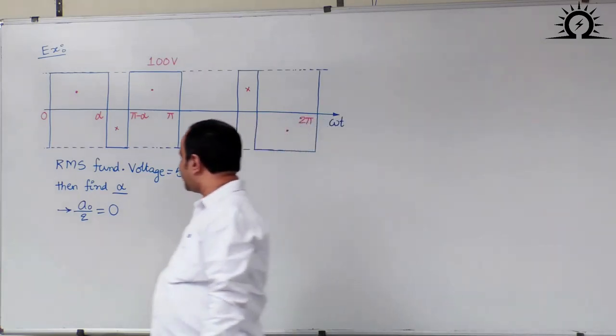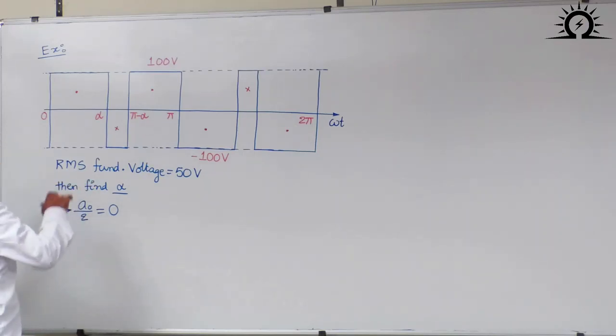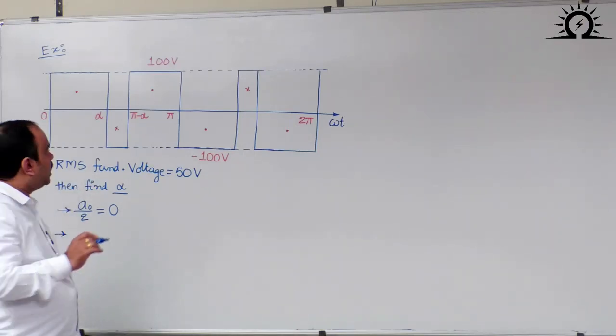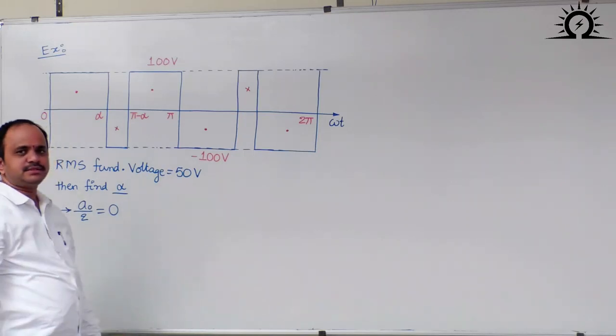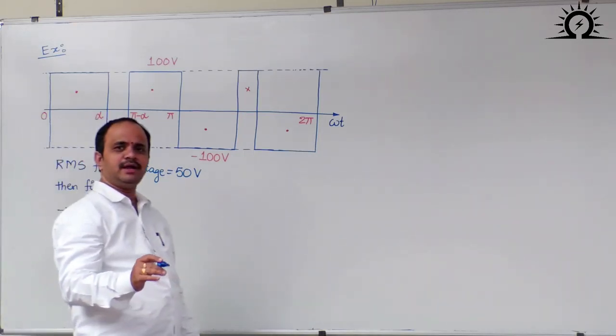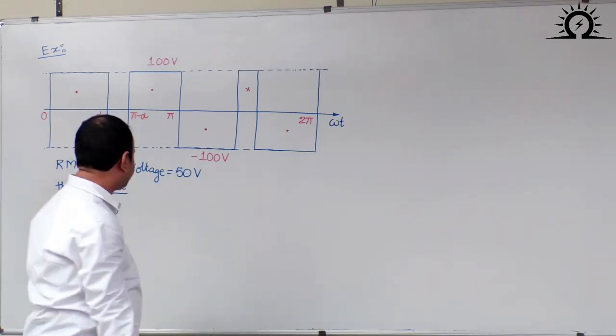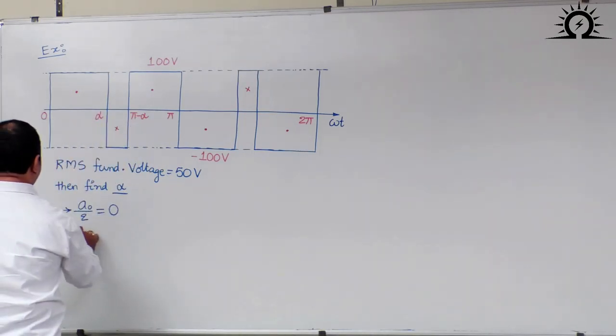As the question here is about the fundamental component, we need to find only A1 and B1, not necessarily all the coefficients. Now let us see.